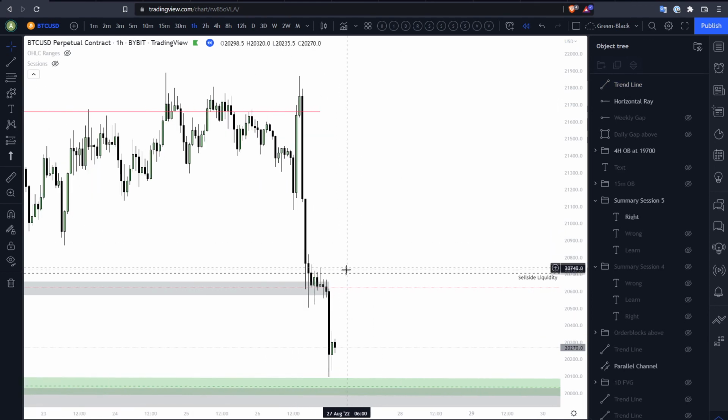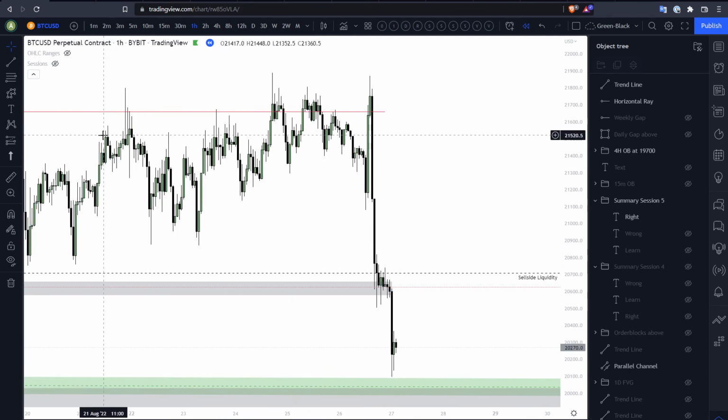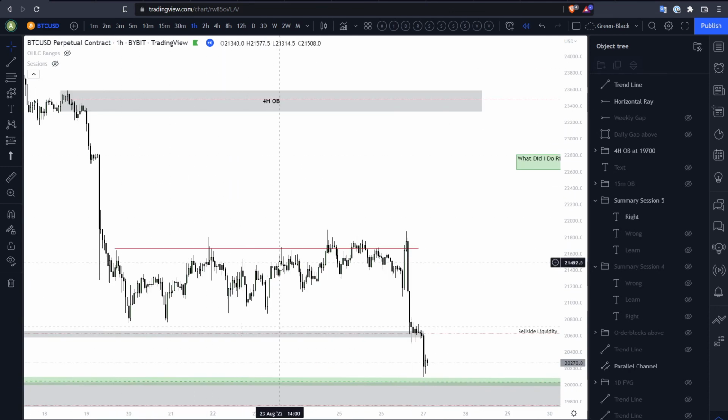Yeah, the second condition was not satisfied. Not here, and also not here on my first trade, but at least the areas where I was expecting to see a reaction and potentially take the trades were identified correctly.